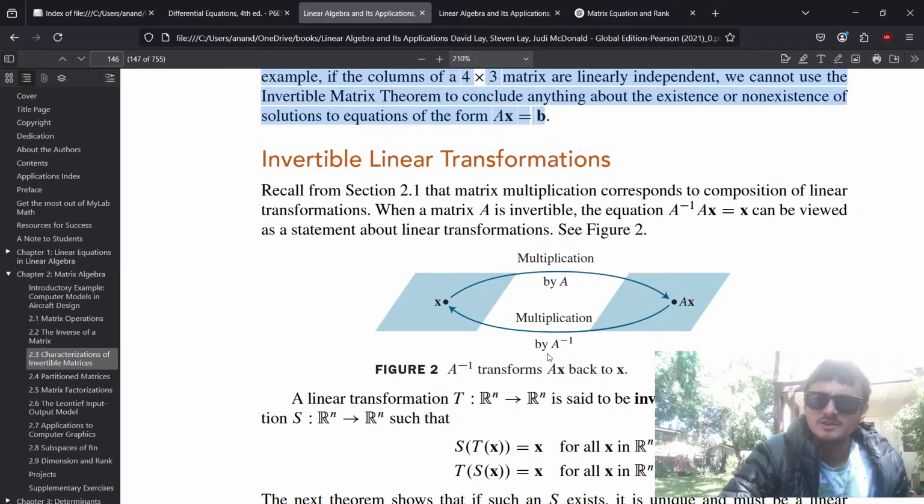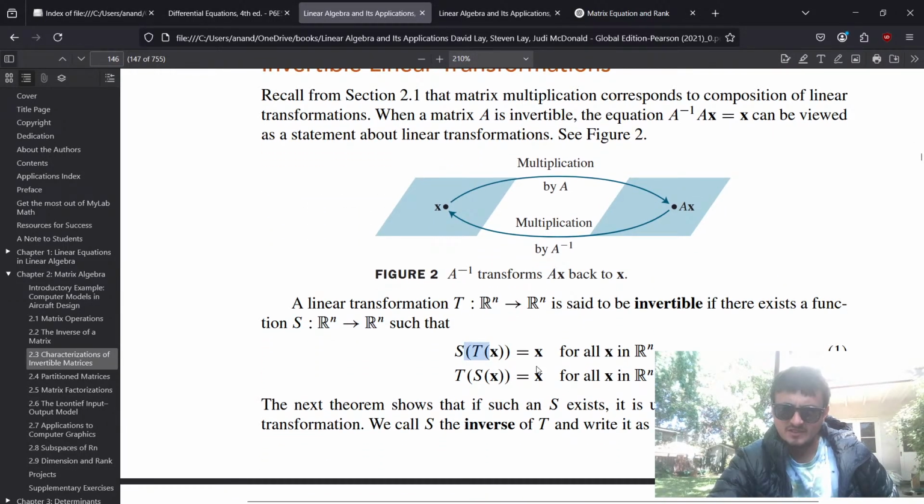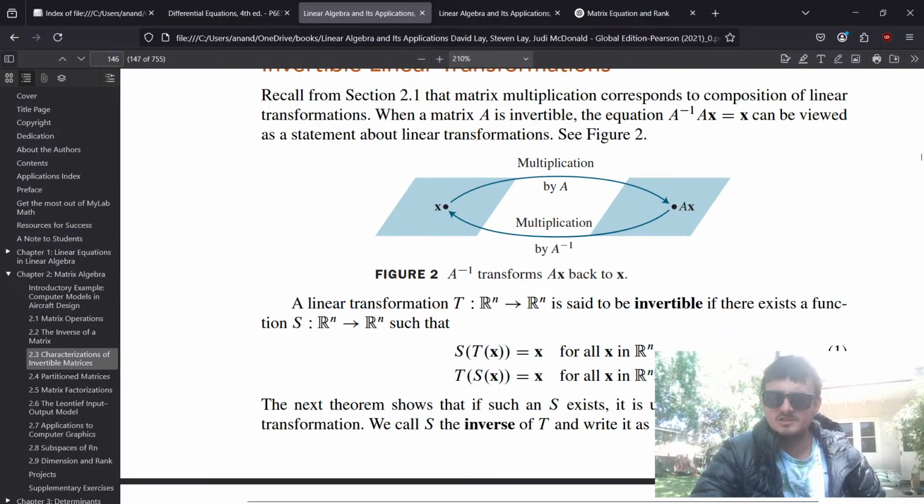Okay, for invertible linear transformations, it's just applying the standard matrices, I guess.